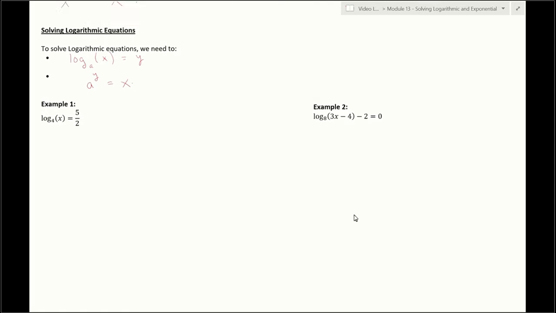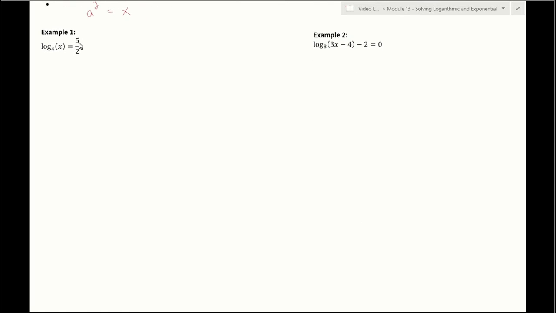So we'll do a couple examples. Our first one is already in this form, so we can go ahead. 4 to the 5 over 2 is equal to x, and we can see that's now nice and clean, and we can move forward. This is the same thing as 2 to the 5th, because something to the 1/2 power is the square root.